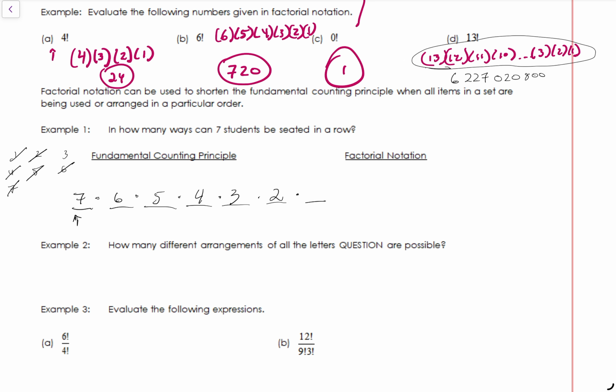And in the last seat, there's only one option. So I'm just going to put 1. Maybe I should have used letters. Anyways, when I multiply this out, there are 5,040 ways to arrange 7 people in a row. I could write this in factorial notation just by saying 7 factorial.